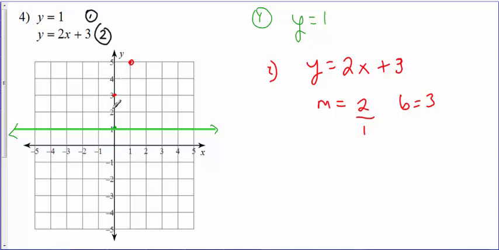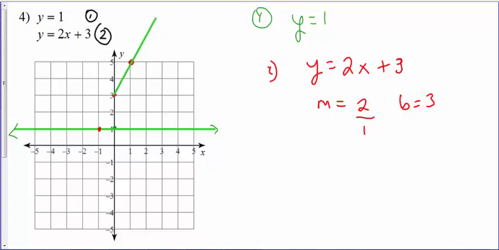Now, if we want to find another point, then we can reverse. We know the line has to go this way, so I can go down 2 and to the right 1. So we know it's going to cross right there, but let's go ahead and graph a line. It's green.